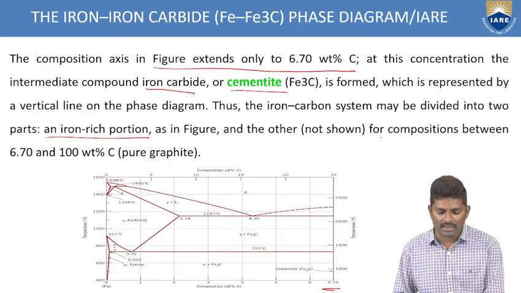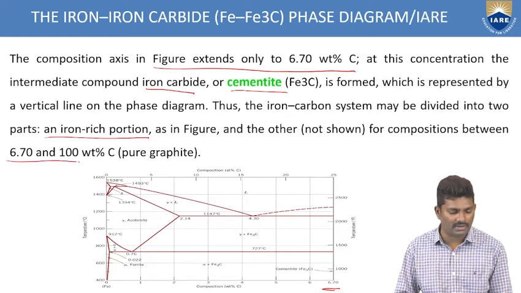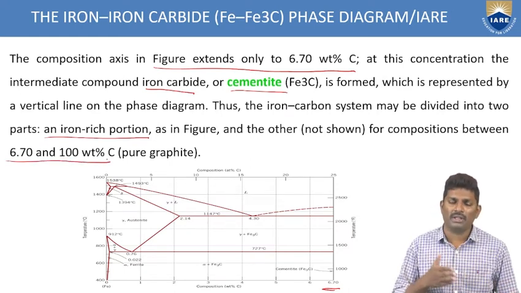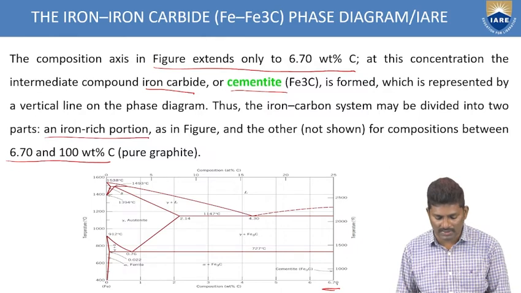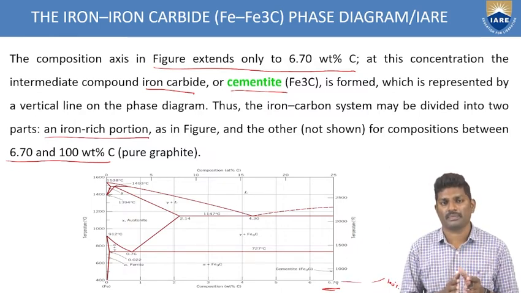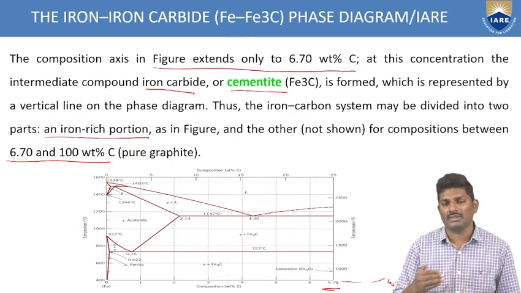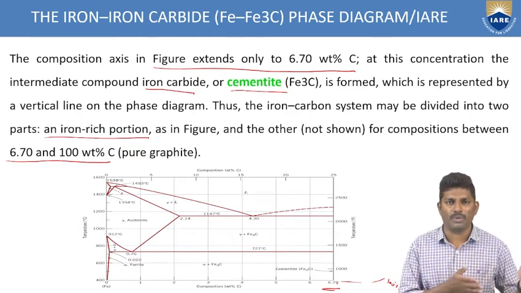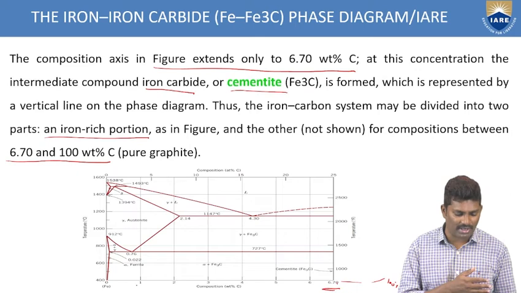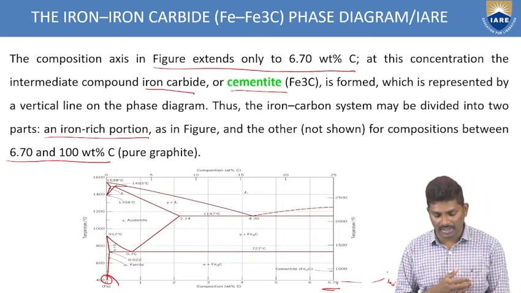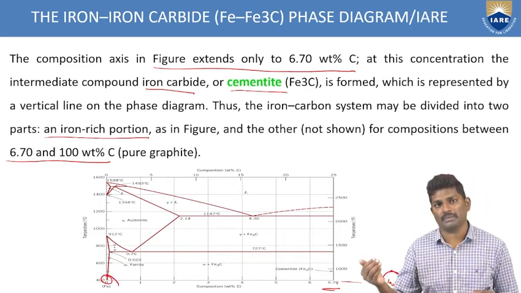And another is the composition between 6.70 and 100%. If you extend this from 6.70 to 100%, we are getting graphite, pure graphite. So pure iron at this point we are having 100%, and pure graphite we are getting at this point.